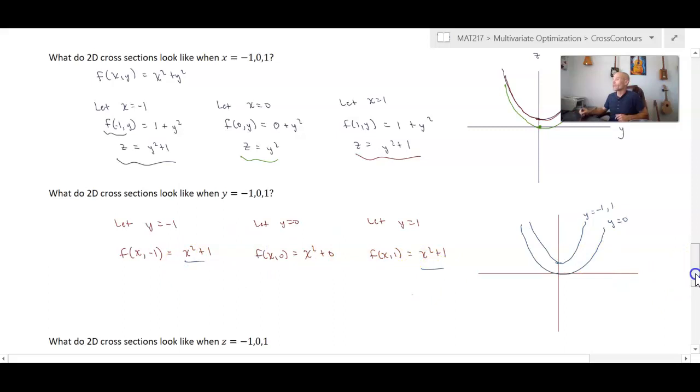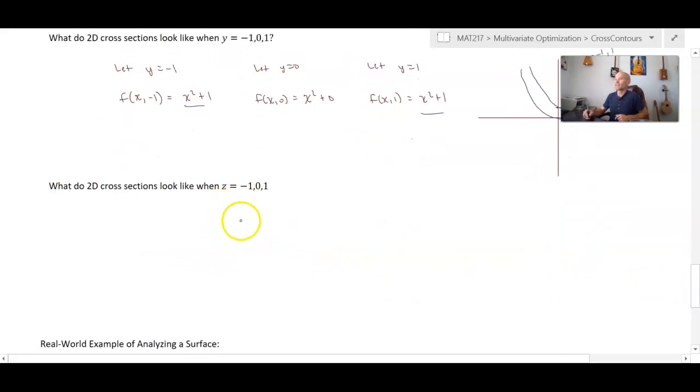Now lastly, let's take a look at what happens when we hold z constant. When we hold z constant and look at the relationship between x and y, first of all, let's remember that this is the same thing as z equals x squared plus y squared.